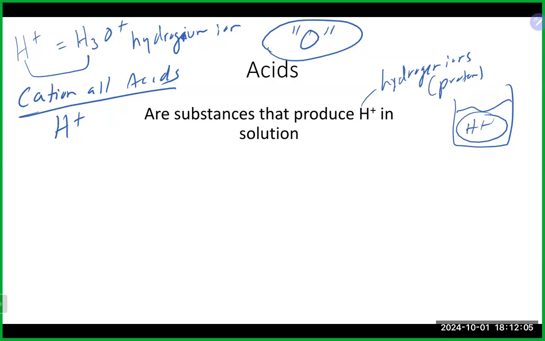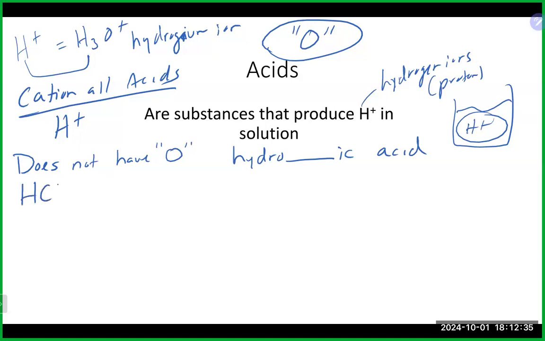For example, the ratio of H plus you have in there to OH minus. So if the acid does not have oxygen, it will start with hydro, something, ic acid. That is the way that we name acids that do not contain oxygen. For example, we have HCl.